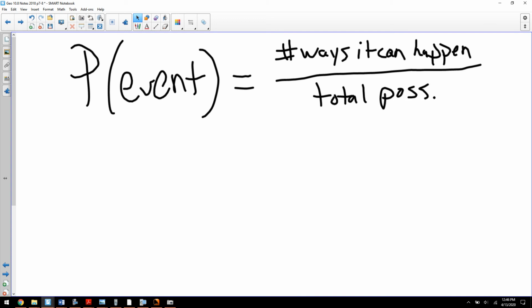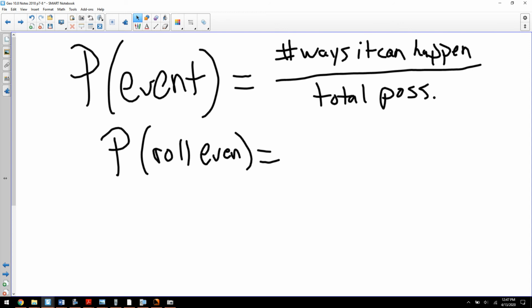So if you think about it this way, if I wanted a probability of rolling, let's say, an even number. Well, on a regular sided die, there are 3 even numbers, so 2, 4, and a 6. So there's 3 out of the total possible outcomes of 6, which would be 1/2.